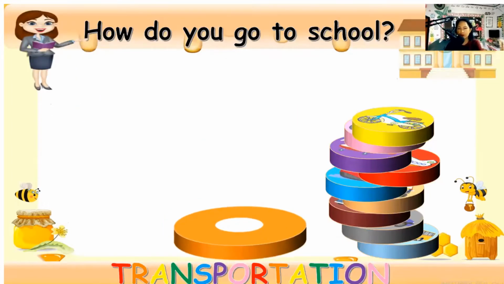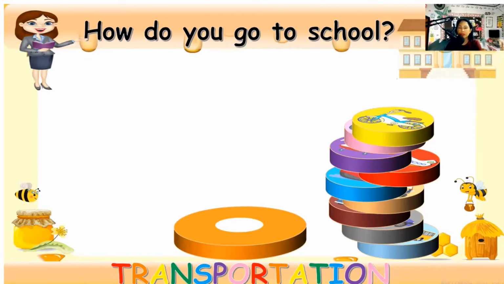We will use now the transportation into the conversation, the question and answer part. You'll know how to ask and you'll know how to answer. Okay, so this time we're going to use the question, how? How do you go to school?